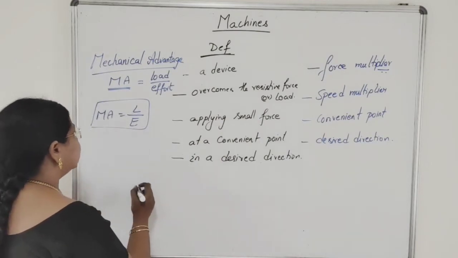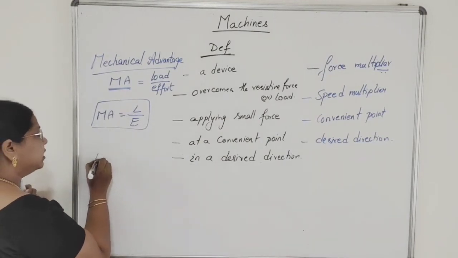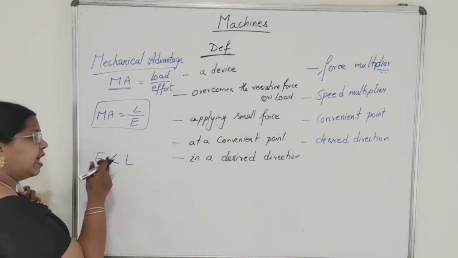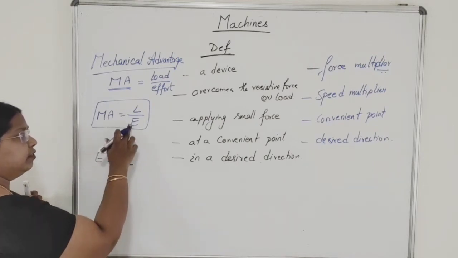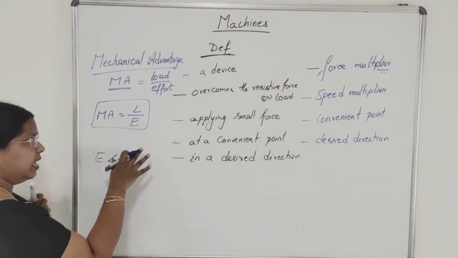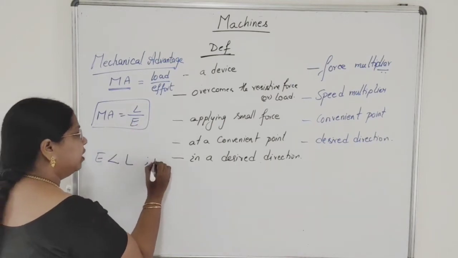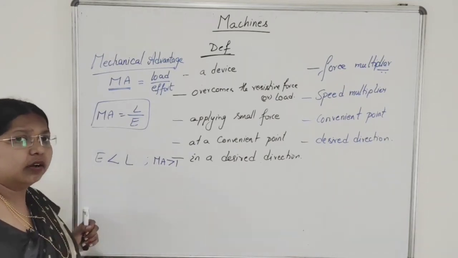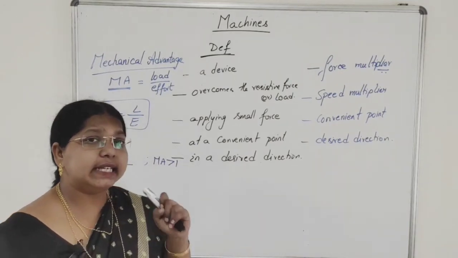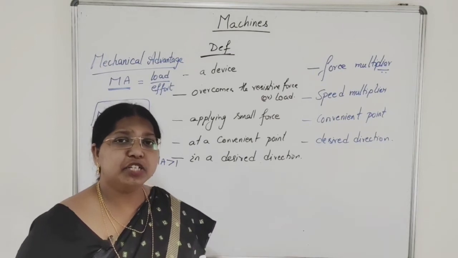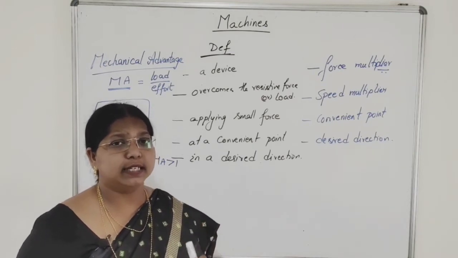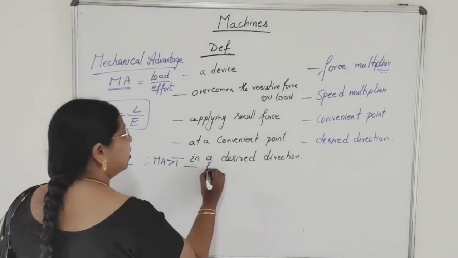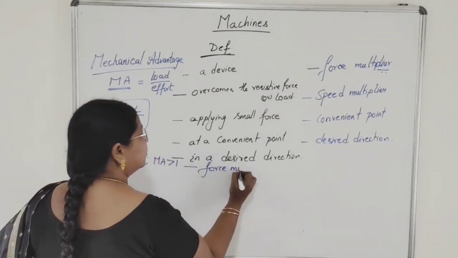Suppose first case, if effort is less than load, effort applied is less than load what we are moving. If denominator value is less, MA will be greater than 1. So when MA is greater than 1, the machine will act as a force multiplier.